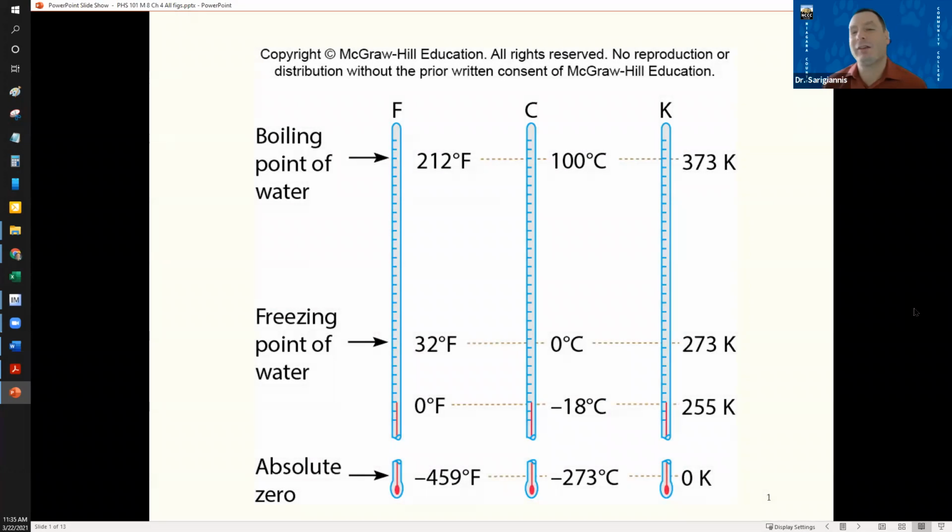These are the 3 scales, right? Fahrenheit, Celsius, Kelvin. Let's start with the Celsius scale. You probably know that 0 degrees C and 100 degrees C correspond to the freezing point of water and boiling point of water, right?